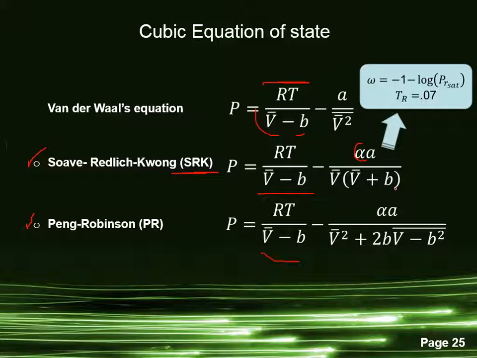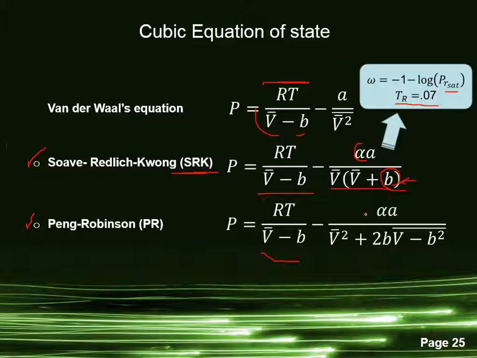By definition, all spherical molecules have zero eccentric factor, and the eccentric factor is calculated based on this equation. Omega is equal to minus 1 minus the logarithm of P reduced, where P reduced is P divided by P critical at saturated condition, and T reduced equals 0.7. And in the denominator, instead of V squared, we have a little bit of contribution of the size of the particle.